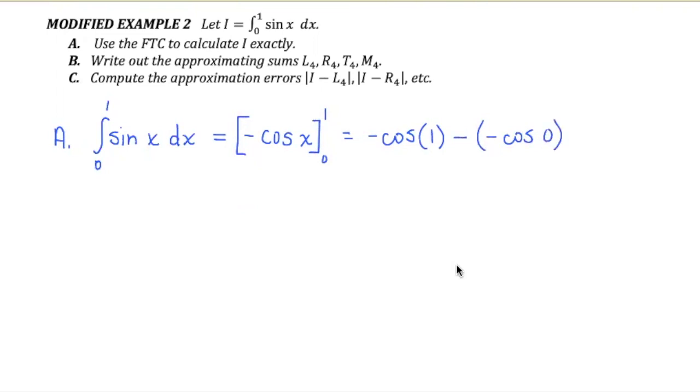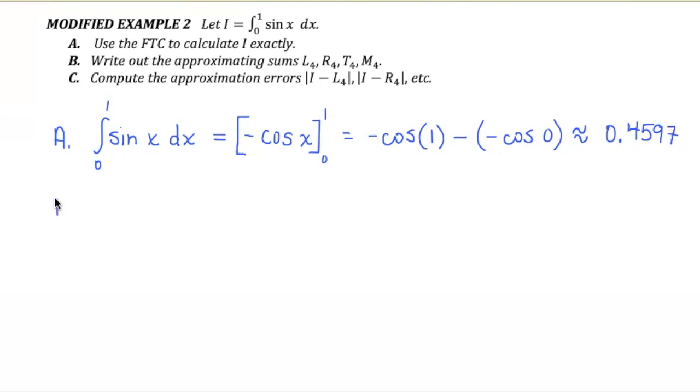So you would want to have a calculator that's in radian mode. This is going to be a messy decimal. And then you're going to add to that, or subtract a negative, same thing, cosine of 0. You will get approximately the decimal 0.4597.